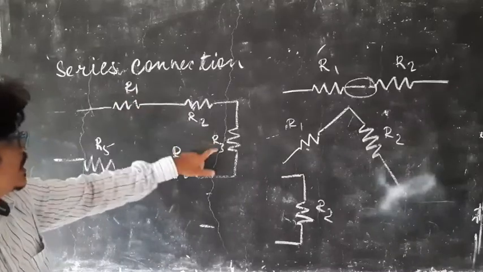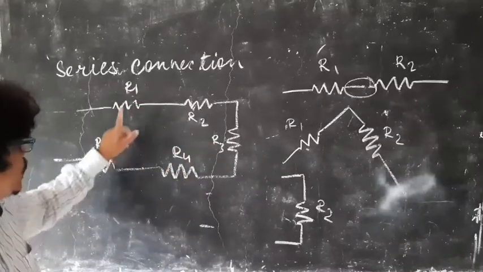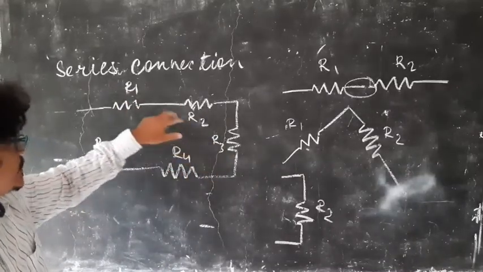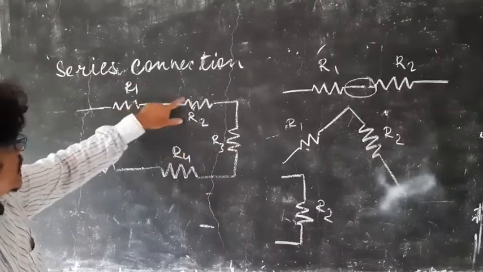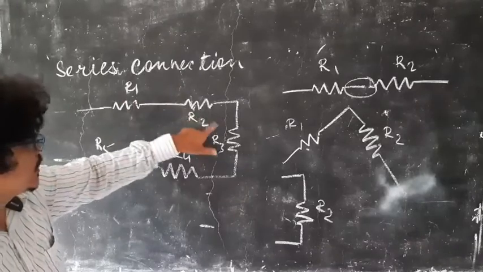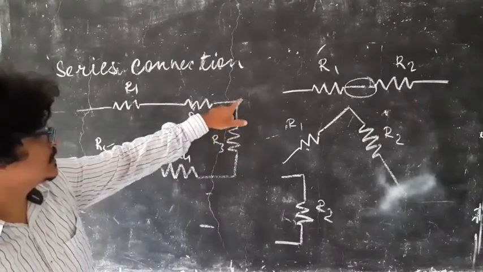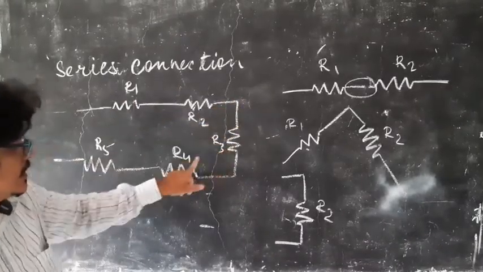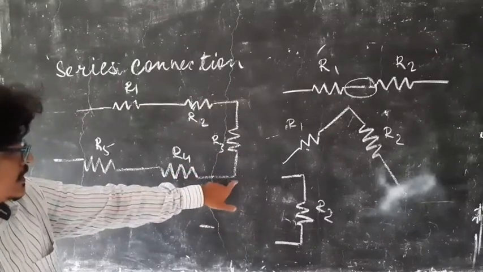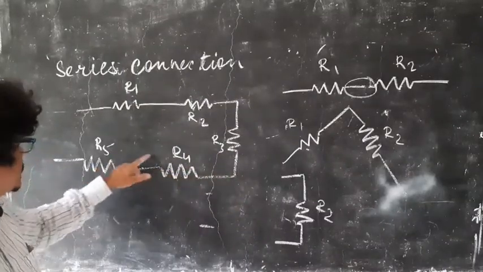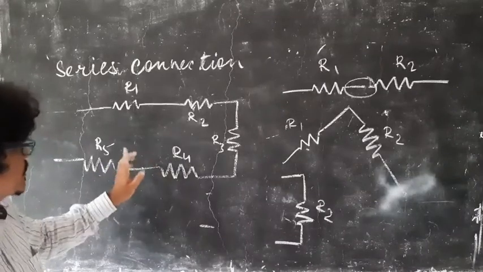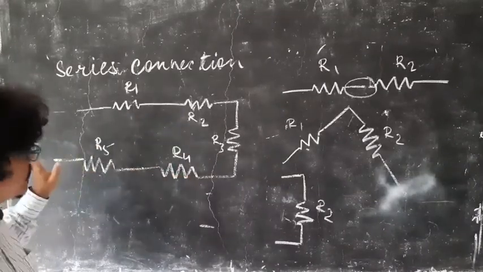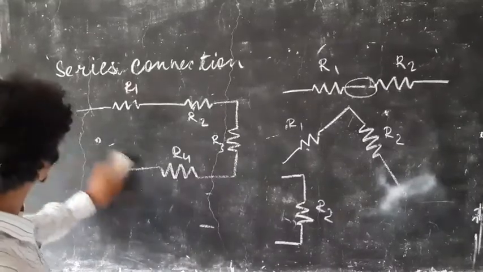So all are connected in series. If you see carefully, R1 is connected to R2 and this is their common leg. R2 and R3 are connected here, R3 and R4 are connected here, and R4 and R5 are connected at this point. So all are in series.